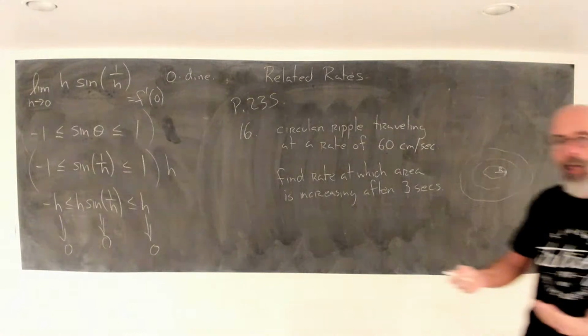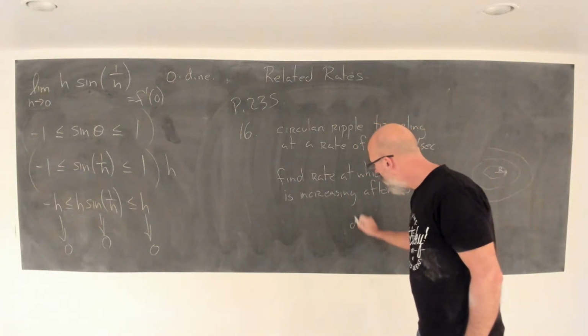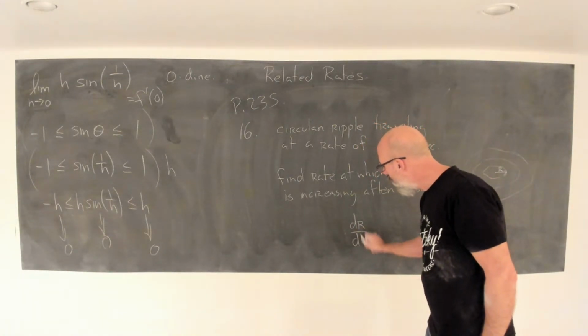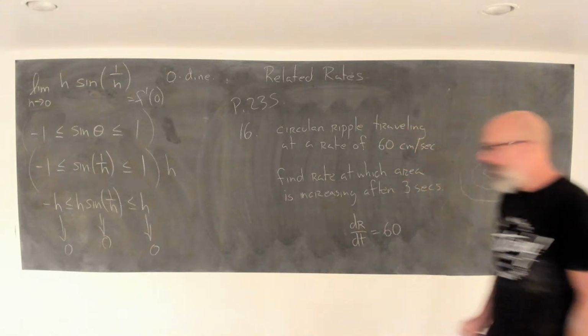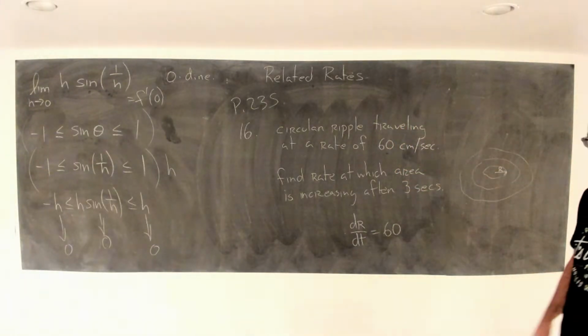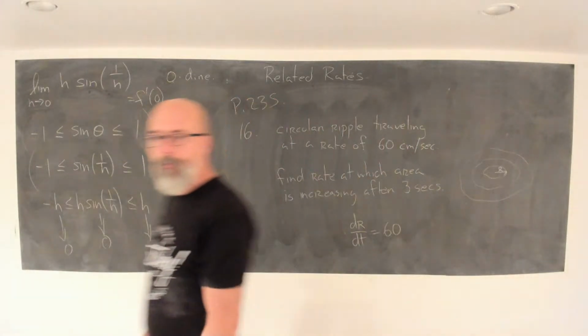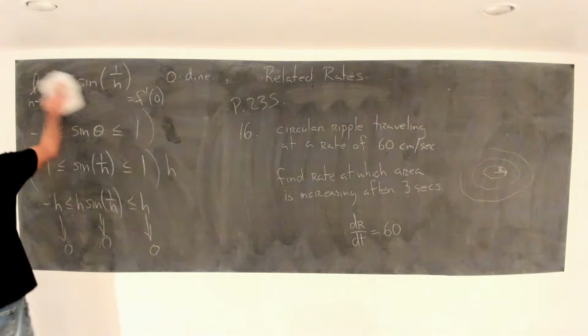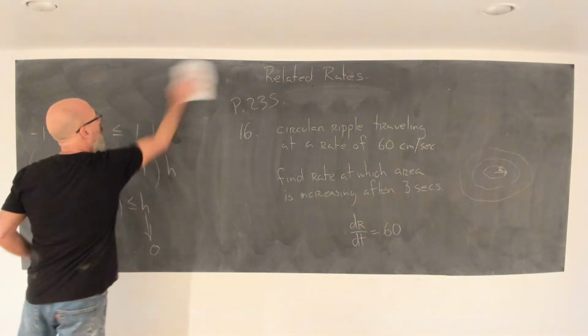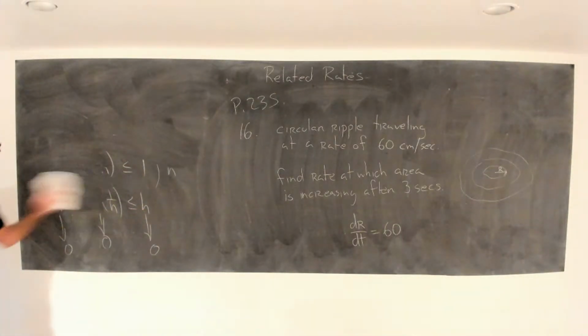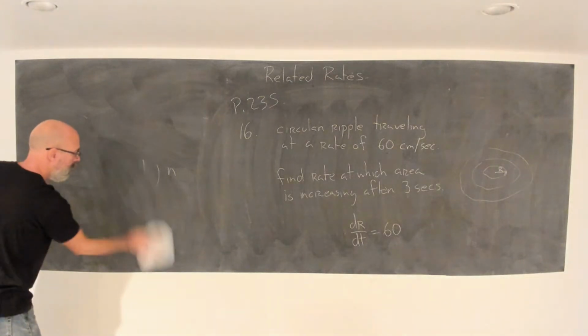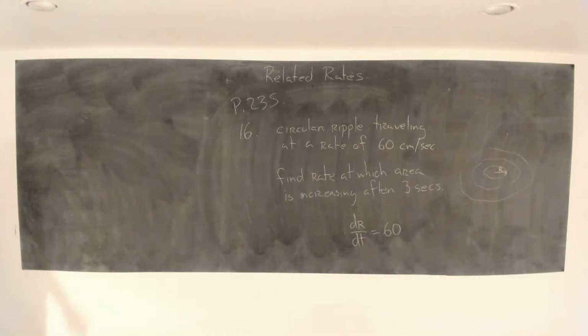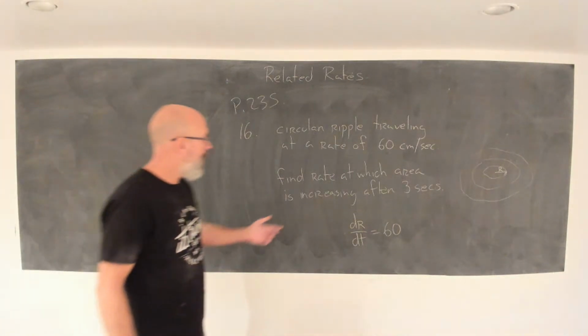The rate of change of r, or dr/dt, is 60. Right, so dr/dt is given, and what is the question asking?